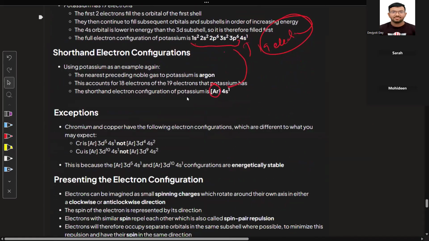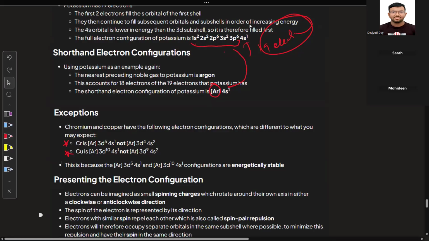All right, now this is very important. Chemistry is all about exceptions, we know that, and the color part is also very crucial. So you have to remember the exceptions, which are obviously chromium and copper. They have electron configurations that are different from what you may expect.